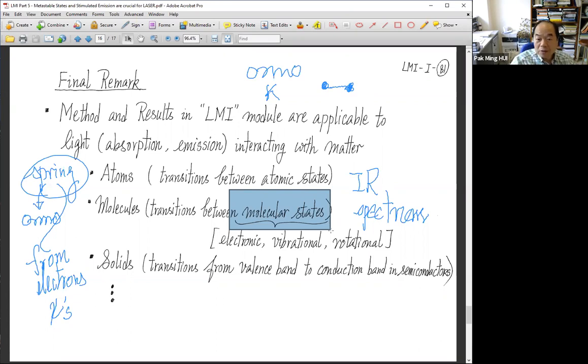A microwave oven is in the microwave region, and this rotational frequency is in the microwave range. Therefore, you can put a glass of water into the microwave oven, not too long, maybe 2 minutes or so, and you get a nice warm glass of water out, okay?